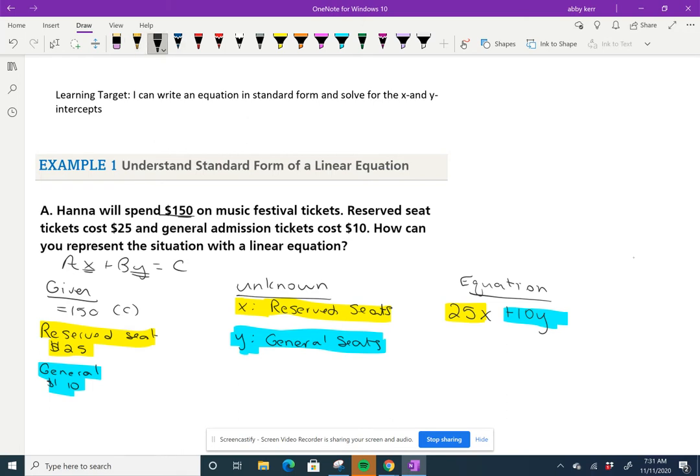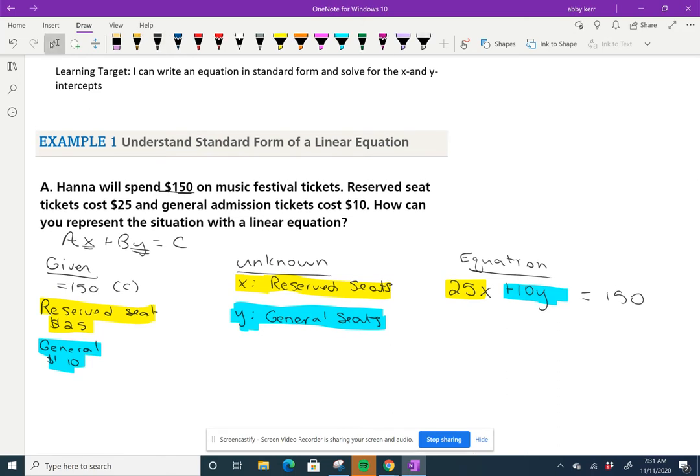And then we know that she spent $150. So for right now, that's all we need to do. So the equation would be 25x plus 10y equals 150.